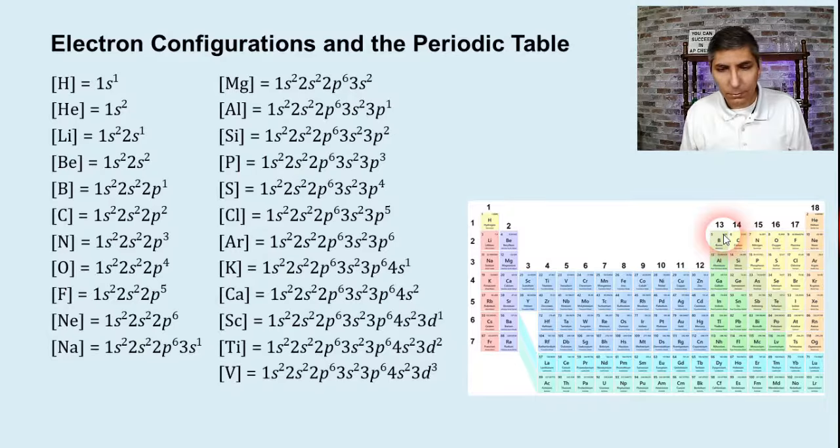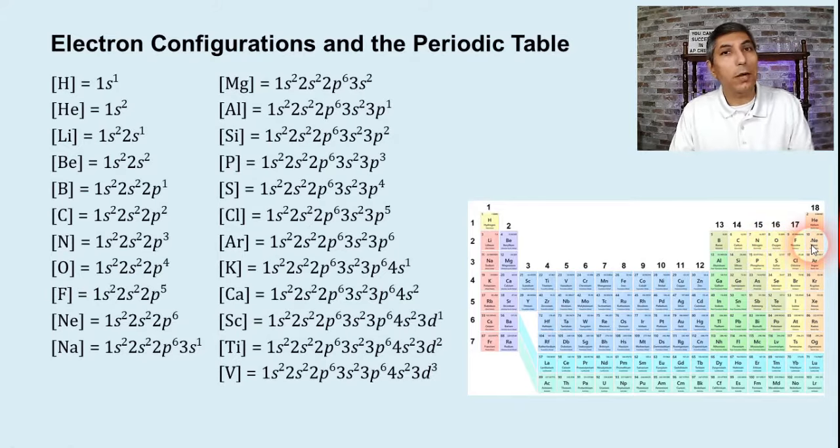p1. Now, we noticed another pattern as we wrote these electron configurations in the previous video. You might remember that we said that boron, just as an example, ended with 2p1, and then the element right next to it, carbon, was 2p2, and then nitrogen next to it was 2p3, and then oxygen is 2p4, and fluorine is 2p5, and neon is 2p6.